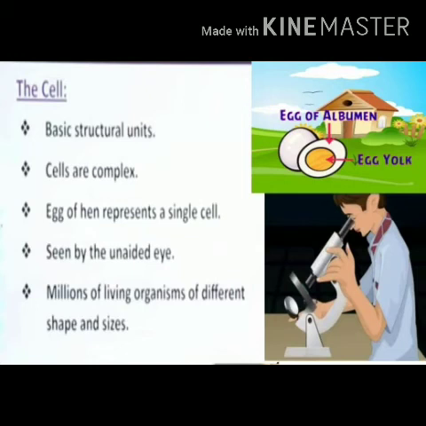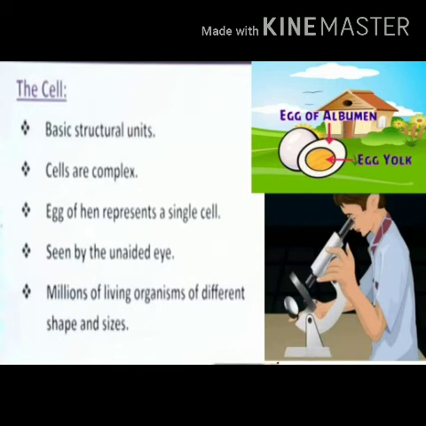Now just now I told you that we can't see the cells with our naked eye. So how do scientists observe and study all these living cells? Yes, with the help of microscopes. They make use of microscopes to study the cells. Microscopes magnify the tiny images. I told you that they are very small in size, very minute particles.